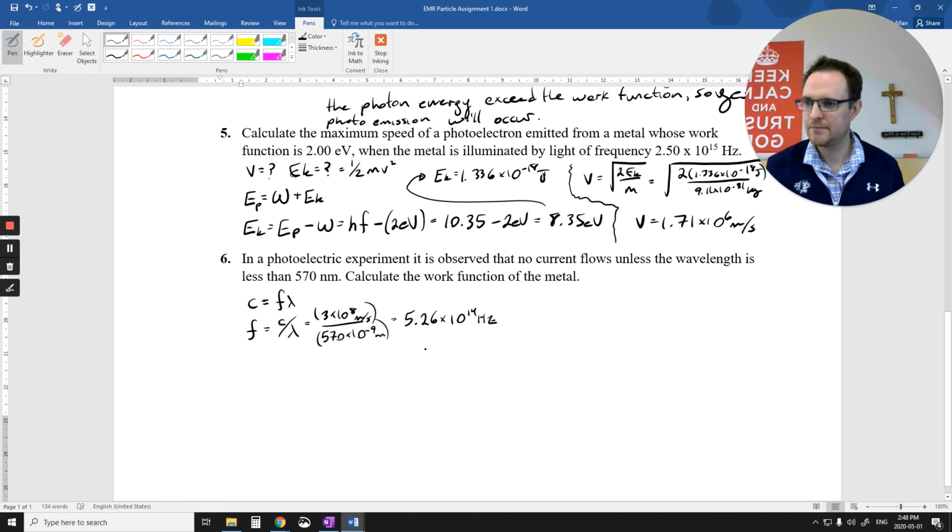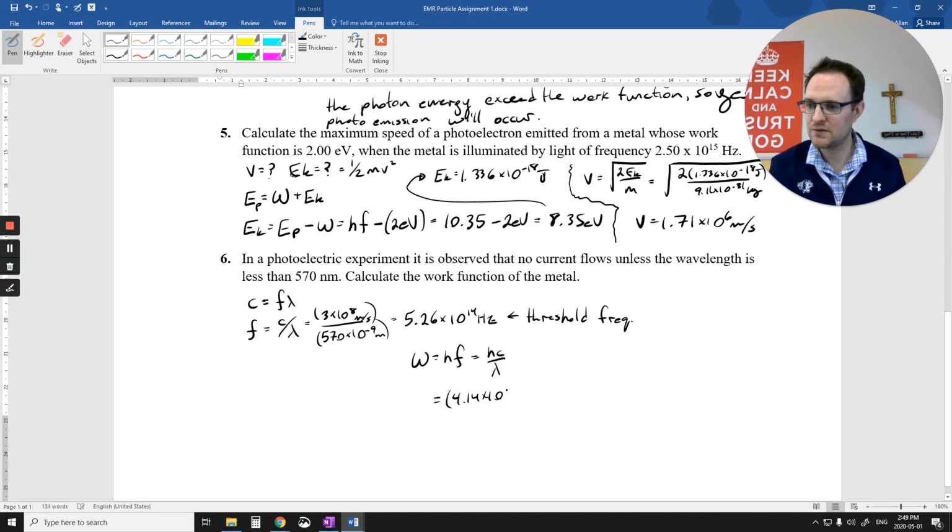Okay? So that is the frequency. This is the threshold frequency. Didn't quite ask for that number, but I'm going to put that there. That's the frequency of the photon required to get this to work. And then I can use that in this formula. I could have just used the wavelength as well, but I'm going to use the frequency to do this one.